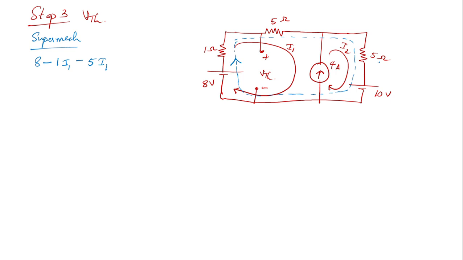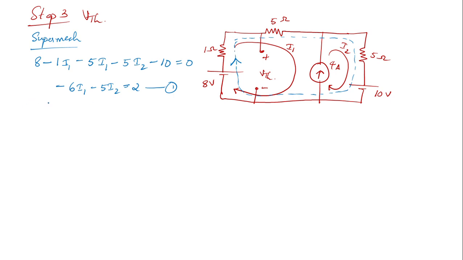Then you have again a 5 ohm over here, but the current through this 5 ohm is I2, so you will write it as minus 5 I2. Then you have a voltage source, going from plus to minus, so you have minus 10 is equal to 0. I'll just rearrange it: minus 6 I1 minus 5 I2 will be equal to 2. So that's my first equation.